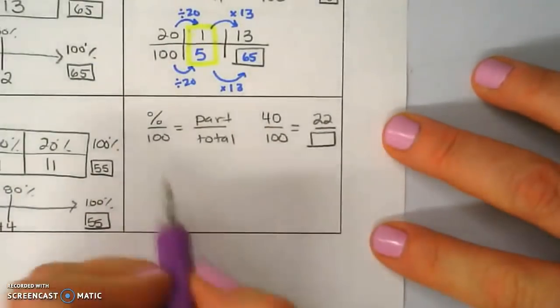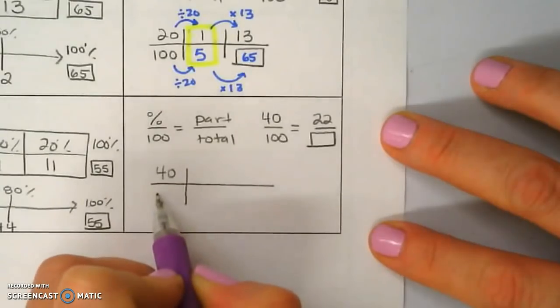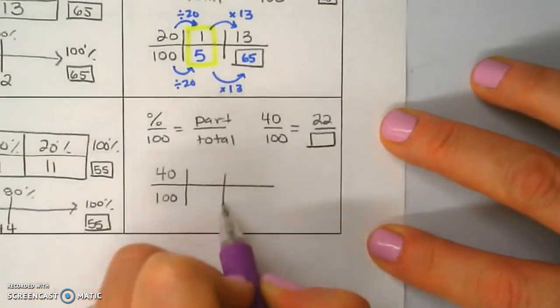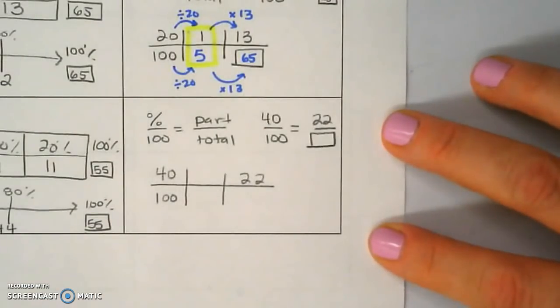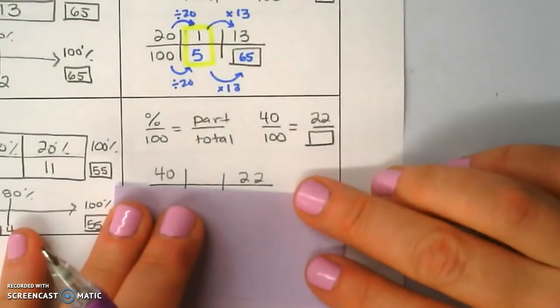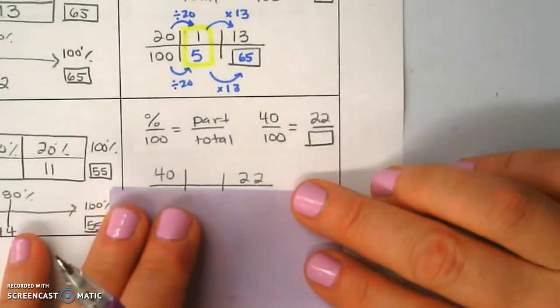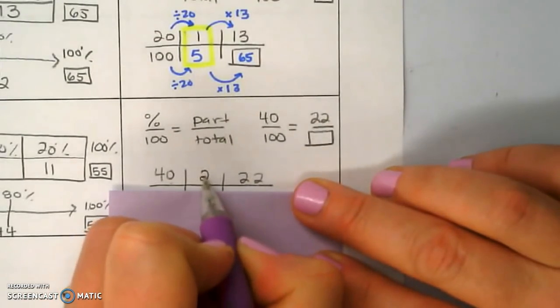Let's say we started with the proportion. We could set this up like this. Because really, it's not very easy to tell what I did to 40 to make it a 22. So I need to find a common factor, a number that's going to play nicely with both of these. And for 40 and 22, I'm going to use a 2.